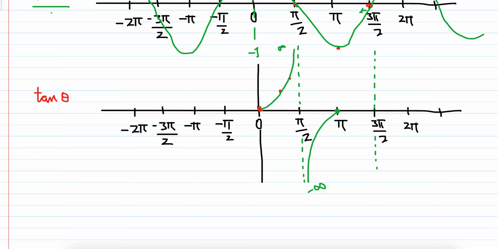Similarly, on the negative side, we will have minus pi by 2, minus pi, minus 3 pi by 2, and minus 2 pi.